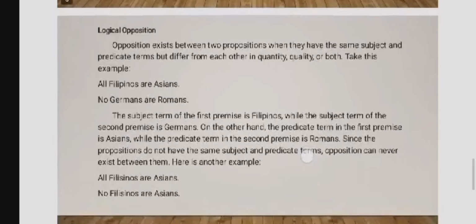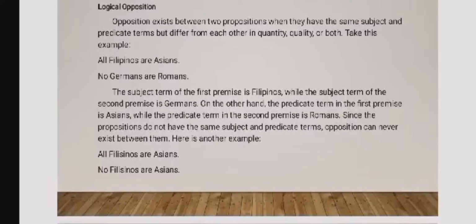Like for example, all Filipinos are Asian, no German are Romans. So, ang subject term dyan sa dalawang sentence ay Filipino at German, while ang predicate is Asians at Romans. Since hindi pareho ang subject at predicate ay hindi yan matatawag na opposition.